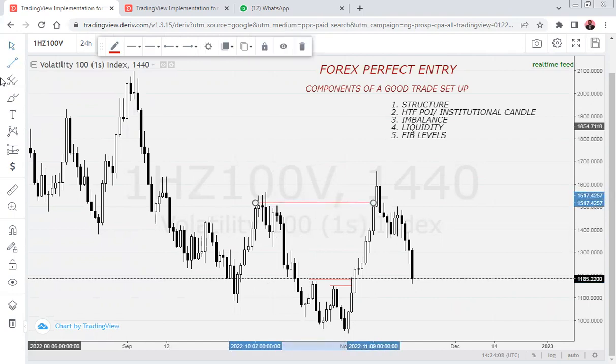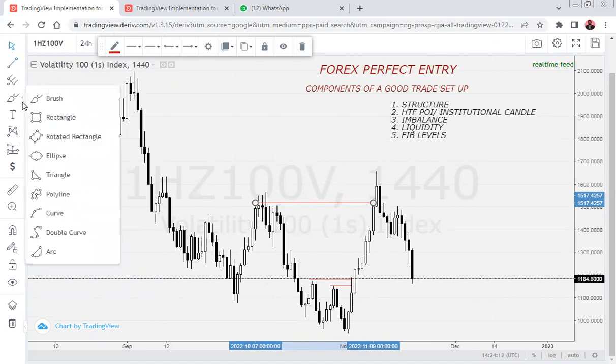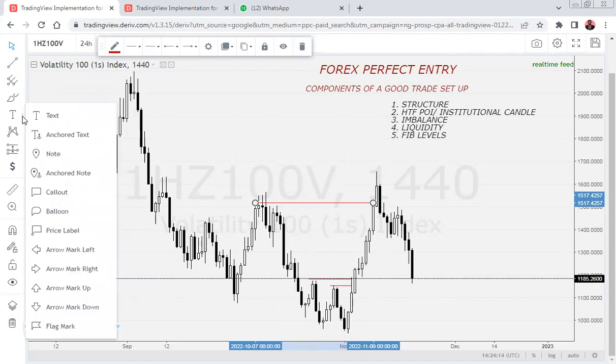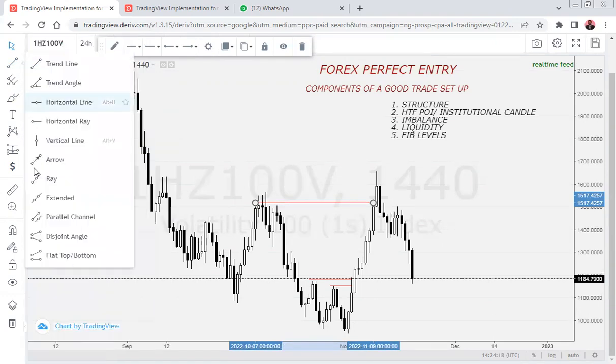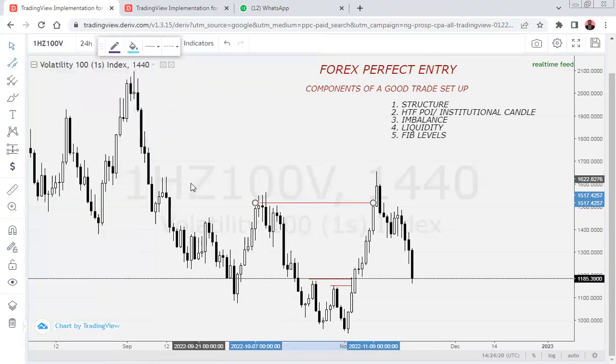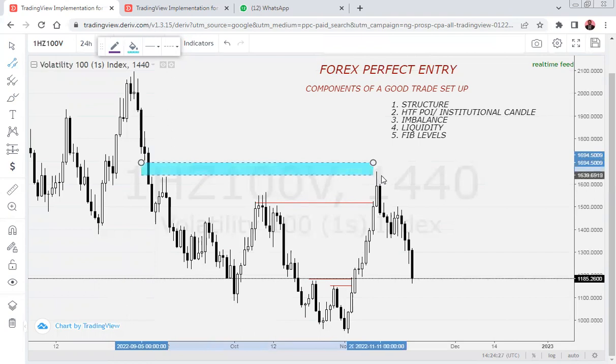But before the market broke this, I'm seeing something that happened here. First, there was an imbalance created here, which price came into.